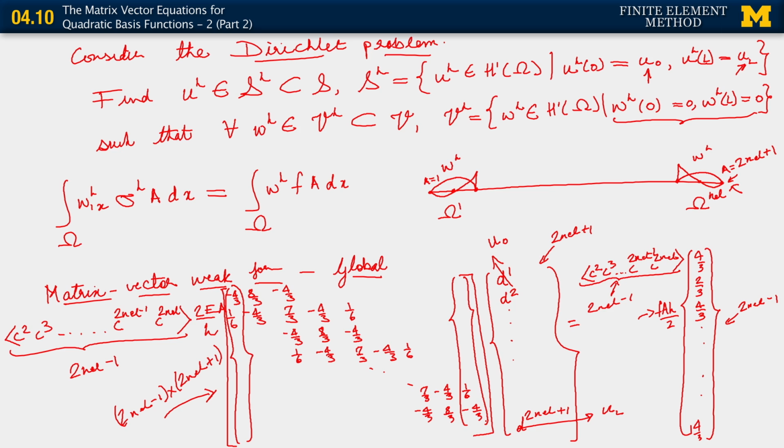Since D1 and D2NEL plus 1 are known, because U0 and UL are given to us, we are going to move those two columns that I've marked over to the right-hand side, just as we did in the case of the Dirichlet-Neumann problem, except that in the Dirichlet-Neumann problem, we did that only to this column. All right? Let's go ahead and do this now.